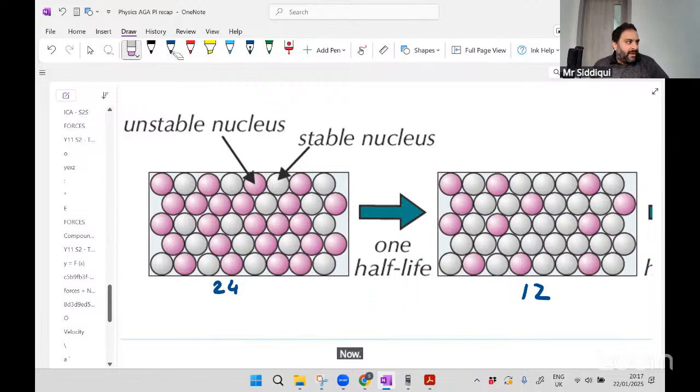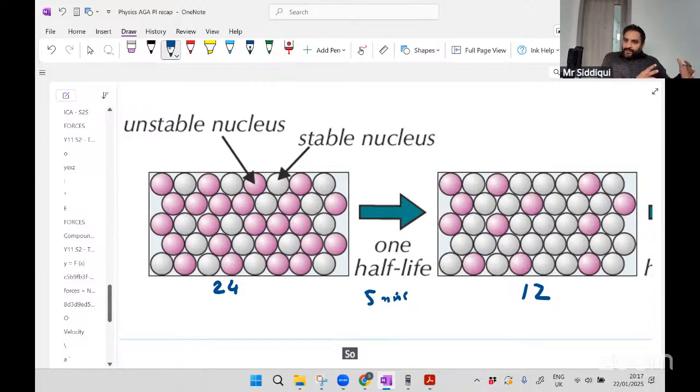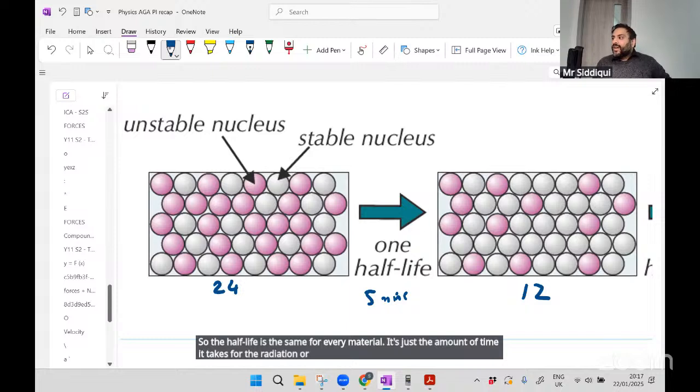Now, the important thing is that however long that may have been, let's say that was 5 minutes. So after 5 minutes, the radiation went from 24 to 12. It halved. After another 5 minutes, it will halve again. So the half-life is the same for every material. It's just the amount of time it takes for the radiation or the radioactivity to halve.